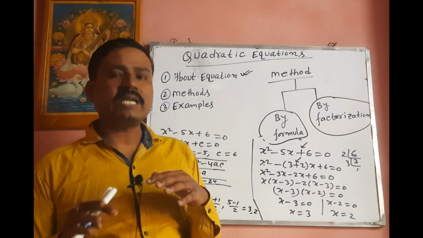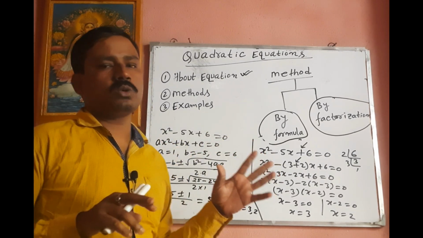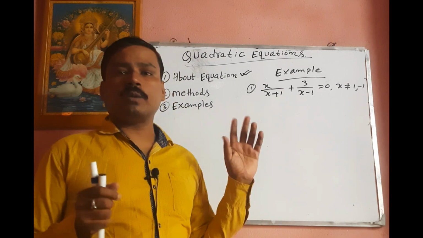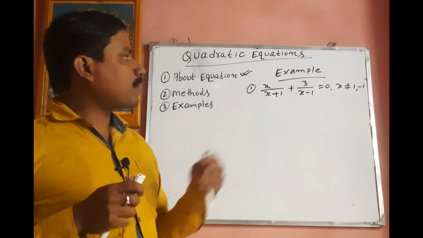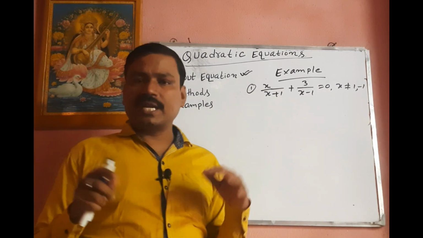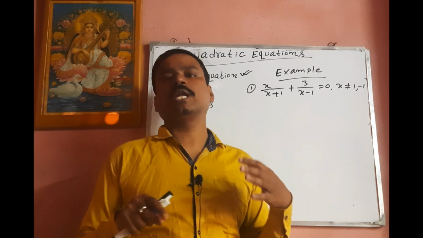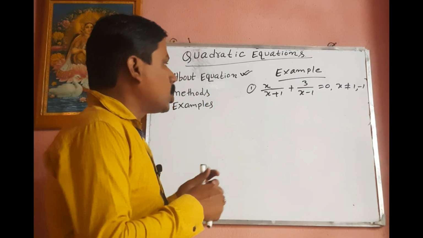There is one important example of this chapter. Now we are discussing one example of this chapter. These types of examples will be given in your exam, in your board exam as well as competitive exams.